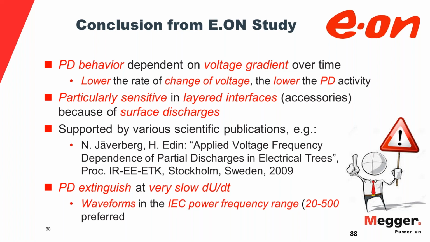And there's numerous scientific publications. A very nice one from fairly recently is Jäferberg and Edin from the University of Stockholm in Sweden, and they pretty much said, hey, at low dU/dt, the PD extinguish, and this is pretty much relating to what you see in the field with the 0.1 hertz sinusoidal being so slow.